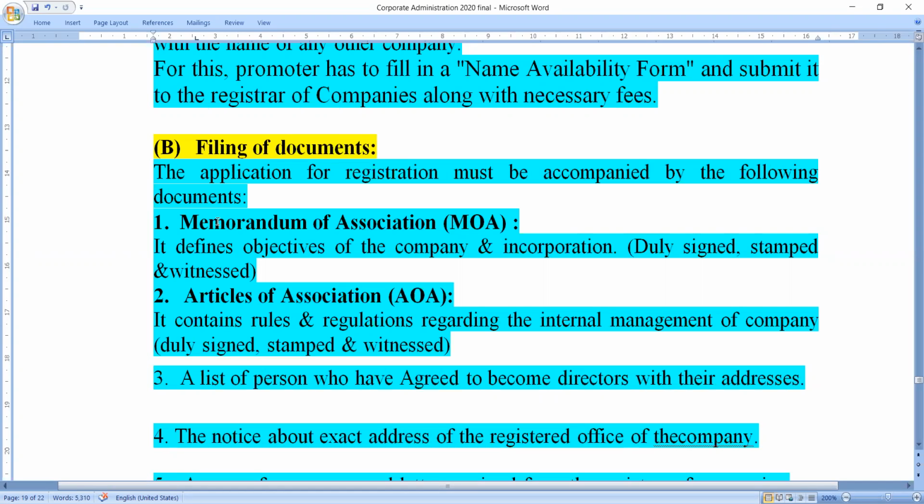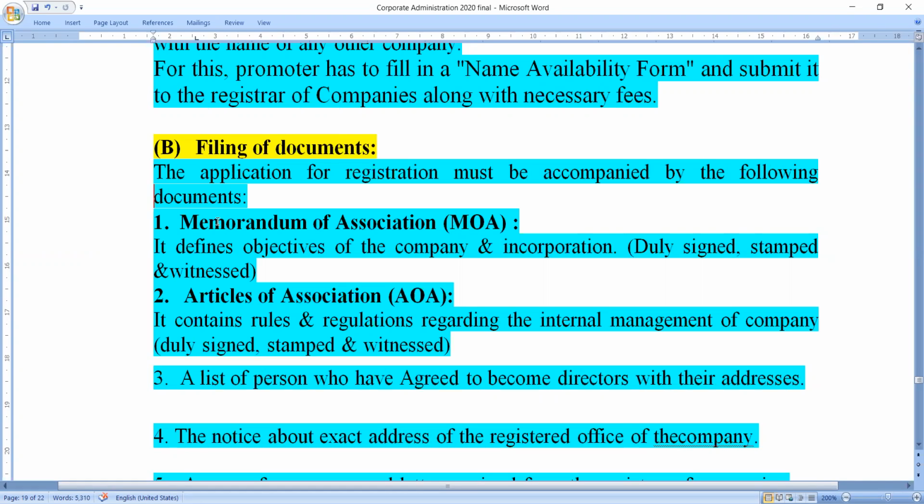It is a 2 marks question they ask us. What is meant by Memorandum of Association? What is meant by Articles of Association? What are the two necessary documents required in the incorporation or registration of the company? The first one is the Memorandum of Association and the second one is the Articles of Association.